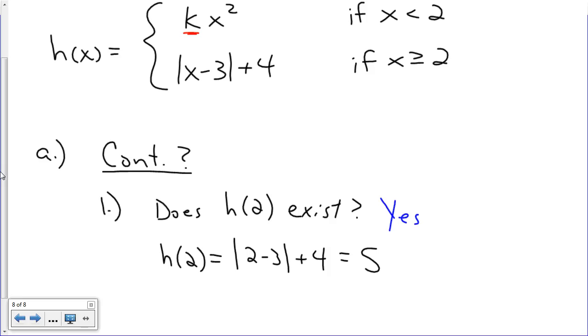Now even if this was the piece that involved the k, I could still determine that this thing exists because k is going to be some number. So even if the answer ended up being 5 times k or 5 plus k, k is some number, and I know I can multiply, I can add values to k, I can subtract values from k, and so forth. And in fact, I can divide by k as long as k is not 0.